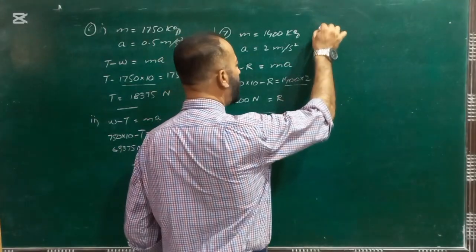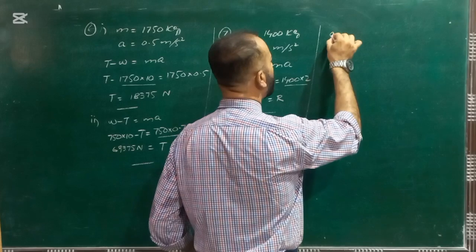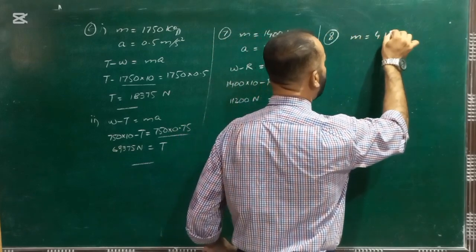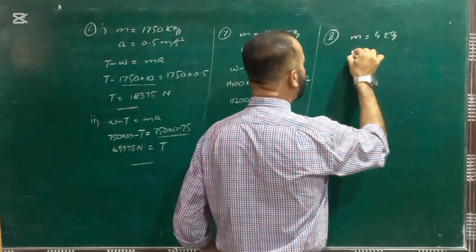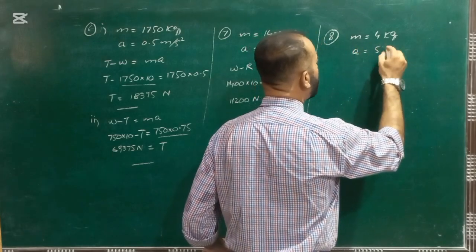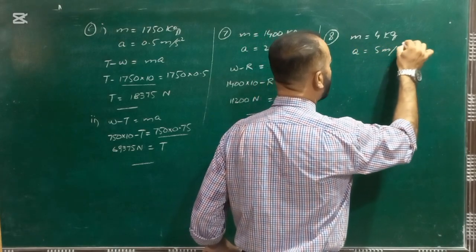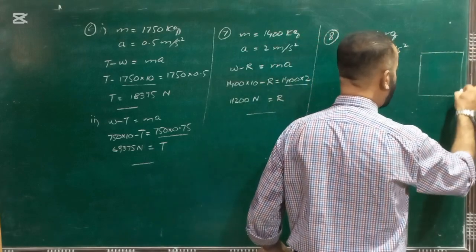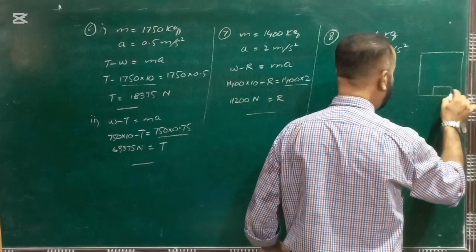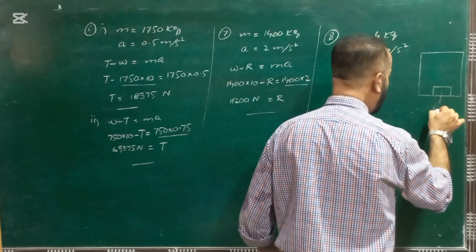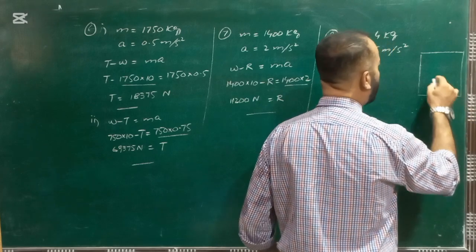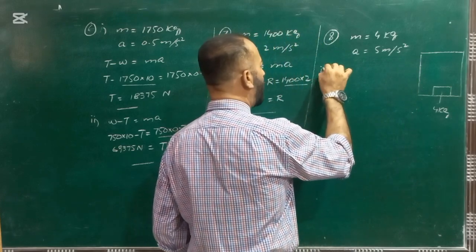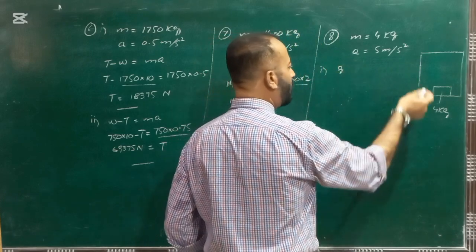Okay, in question number 8, the mass is 4 kilogram and the acceleration is 5 meter per second square. So this type of figure is given in the question. So this is the 4 kilogram mass and the acceleration is 5 meter per second square. In the first part, the body is going up.